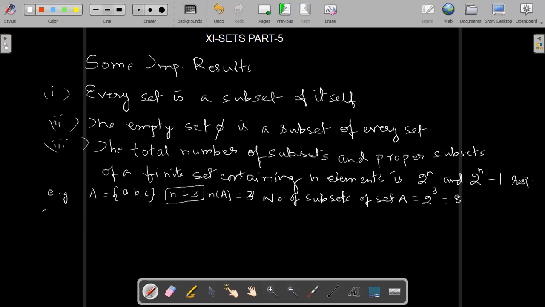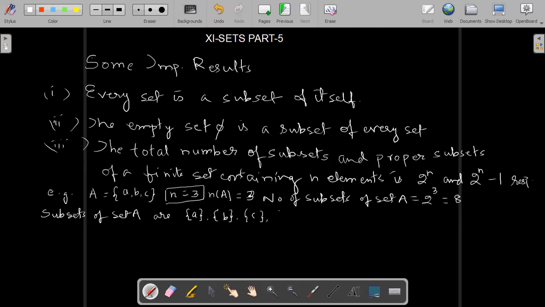How? Now let me write the subsets of set A. First you can take every single element separately. First subset will be {a}, second subset {b}, third subset {c}.